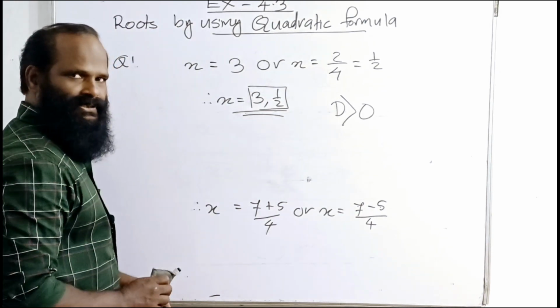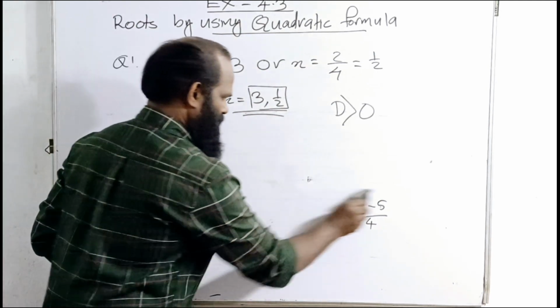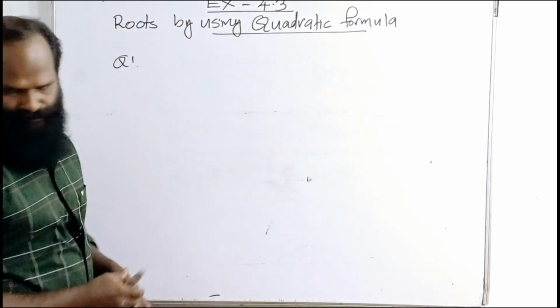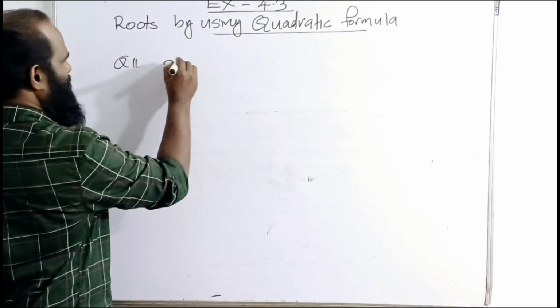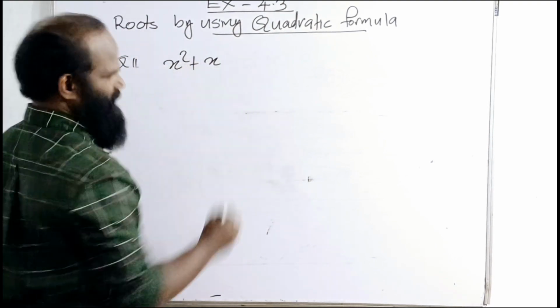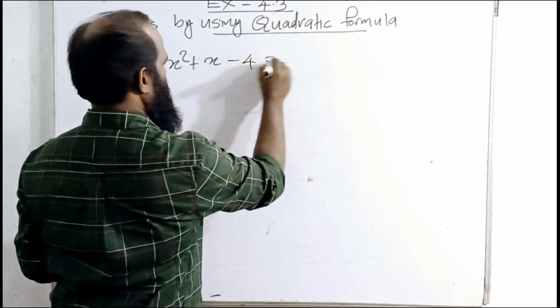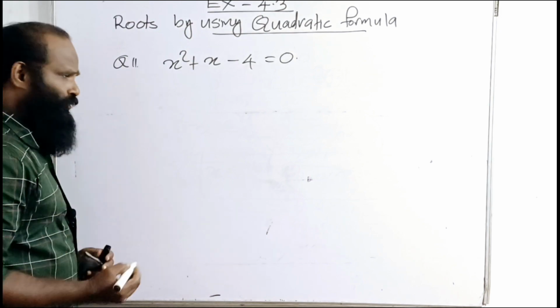And now let us check the second question of the same. Second question is this: x square plus x minus 4. We don't have to waste the time.